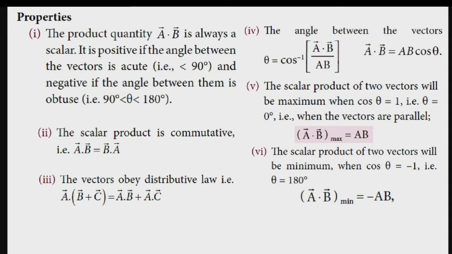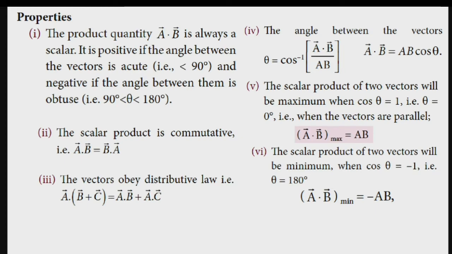A vector dot B vector is always a scalar. It is positive if theta is less than 90 degree and it is negative if theta is greater than 90 degree.